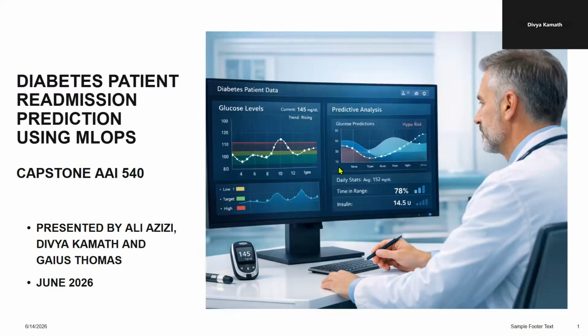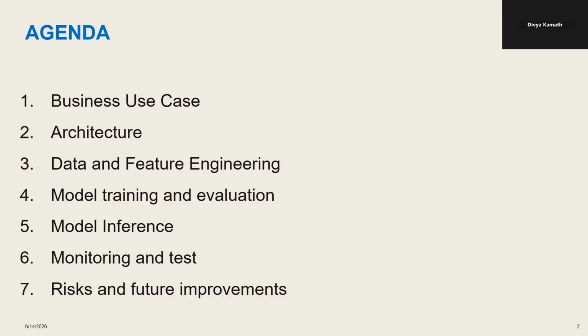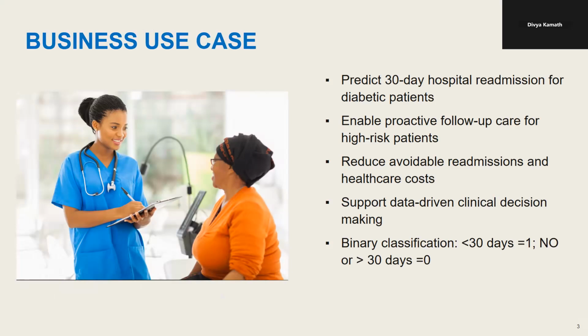Hi, good morning. Ali, Gaze, and I are going to talk about diabetic patient readmission prediction using MLOps. Our project focuses on predicting 30-day hospital readmissions for diabetic patients using an end-to-end MLOps pipeline built on AWS SageMaker.